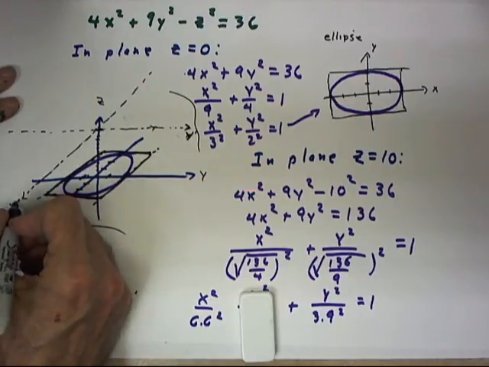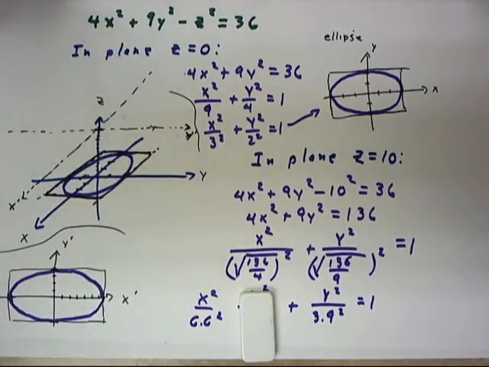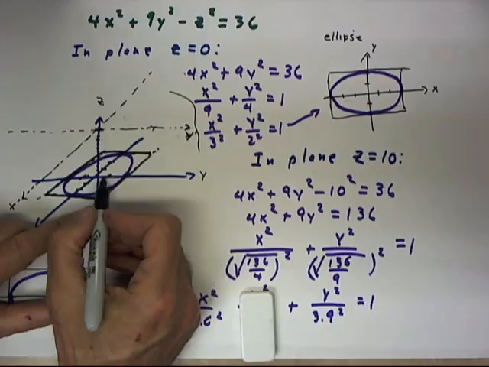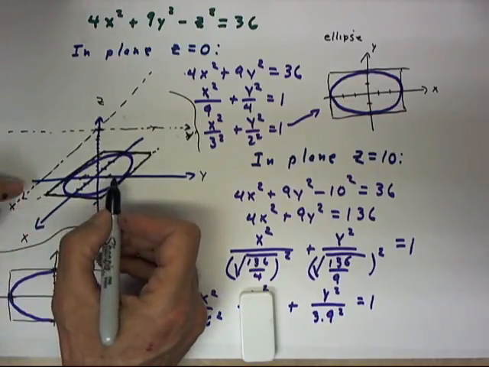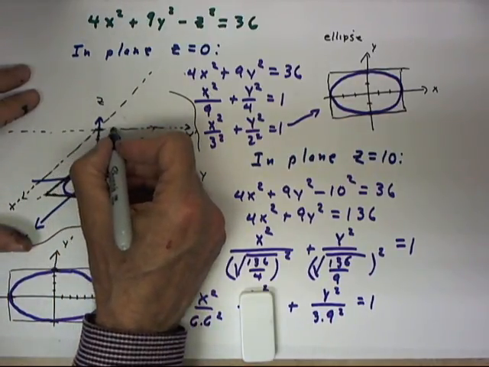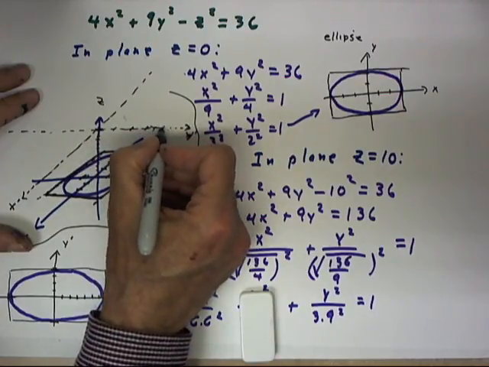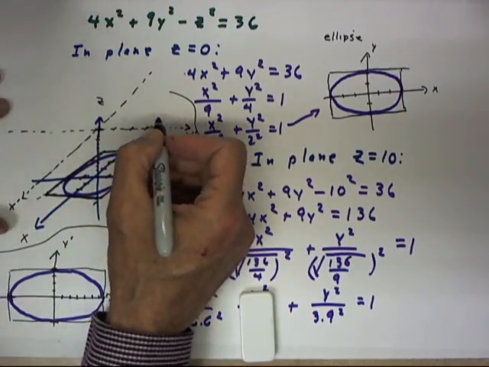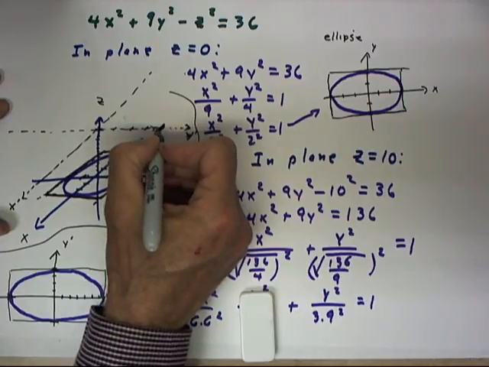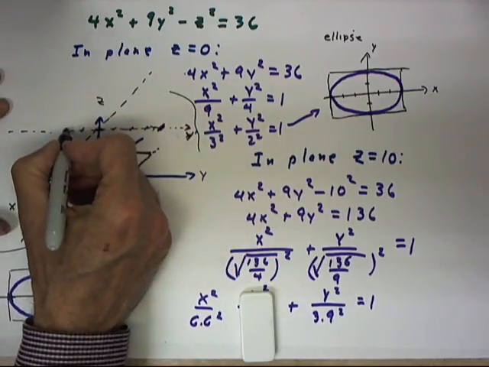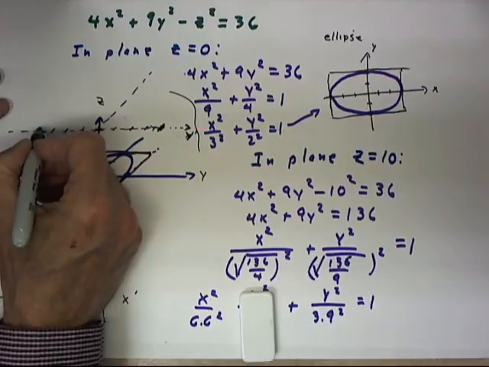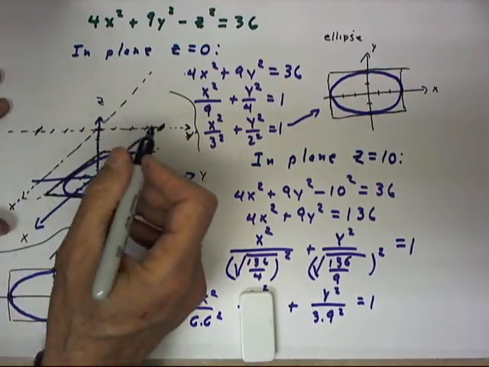And here an x prime axis. Now in this direction, using marks spaced as they were here to keep the scale of this diagram consistent between these two planes, we're going to come out to about here in the y direction and about 1, 2, 3, 4, a little less than 4 units in the y direction here.